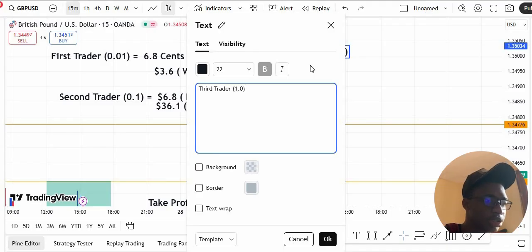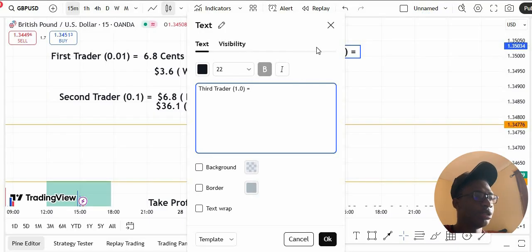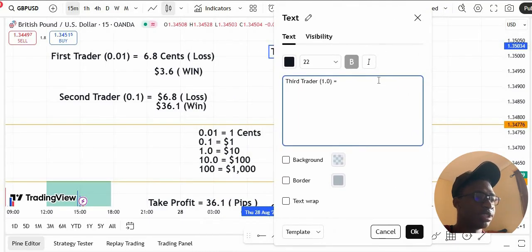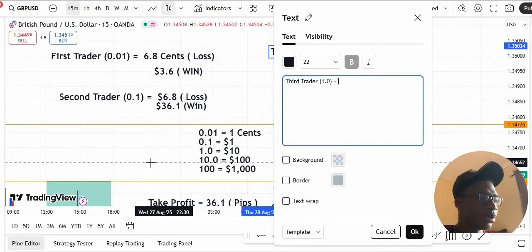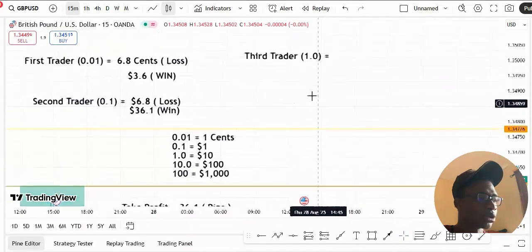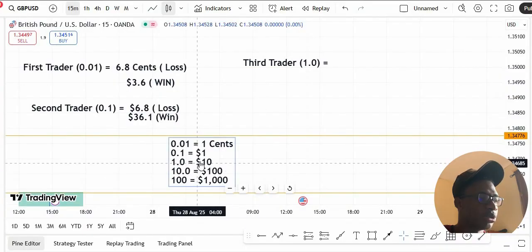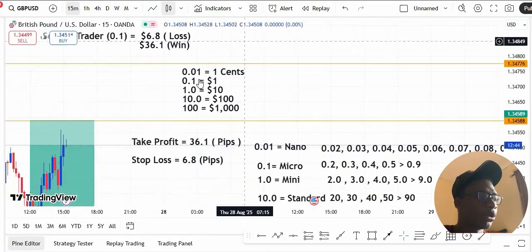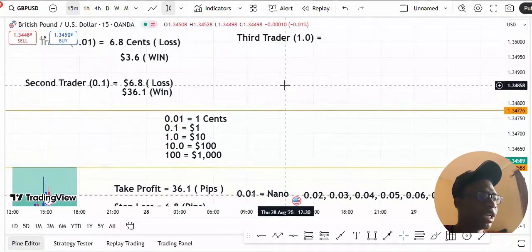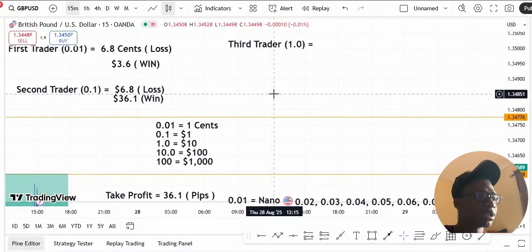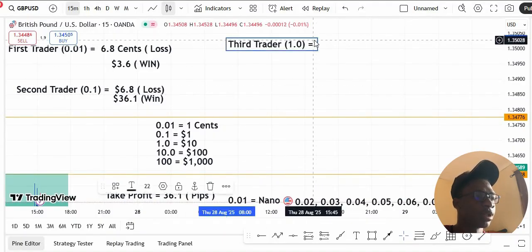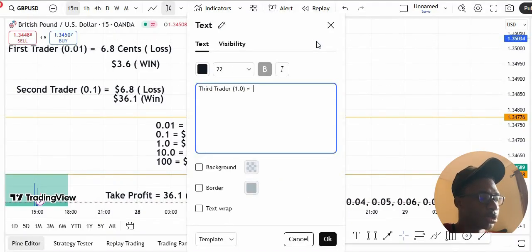So the third trader is opening his account with a 6.8 pip loss, 1.0 lot size, which is equal to $10 per pip, and we have 6.8 pips. That's going to be $60.8 loss if it goes sideways, if the market ends up being a loss.